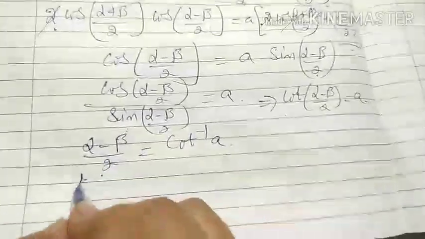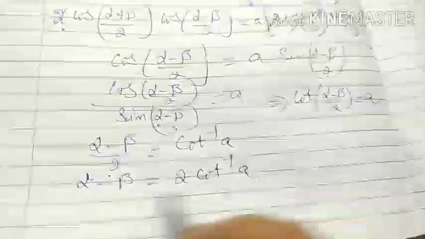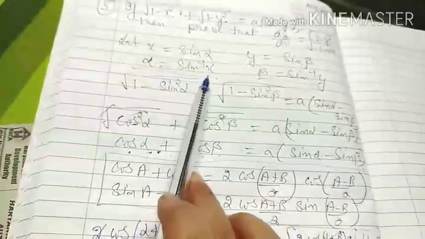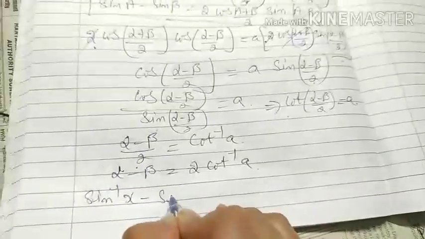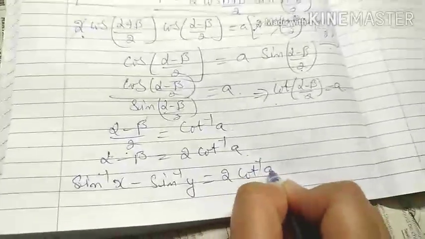So alpha minus beta is equal to 2 cot inverse a. Now I replace alpha and beta which I considered earlier. Alpha is equal to sin inverse x, beta is equal to sin inverse y. So I write here, sin inverse x minus sin inverse y is equal to 2 cot inverse a.